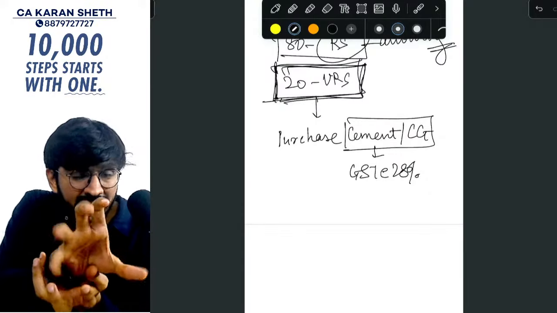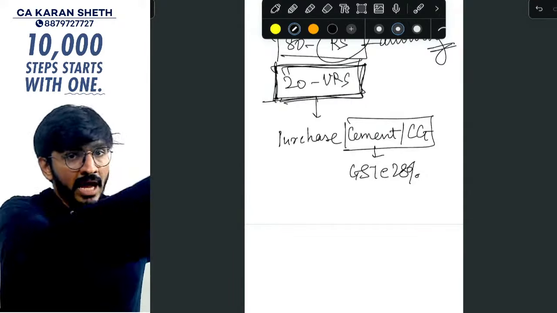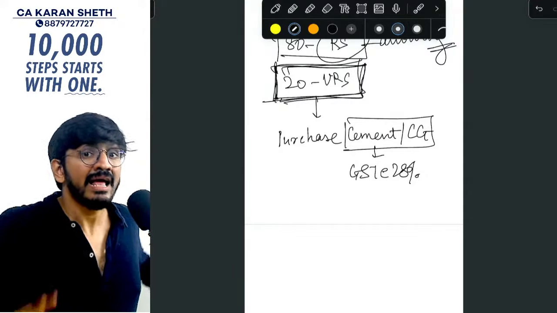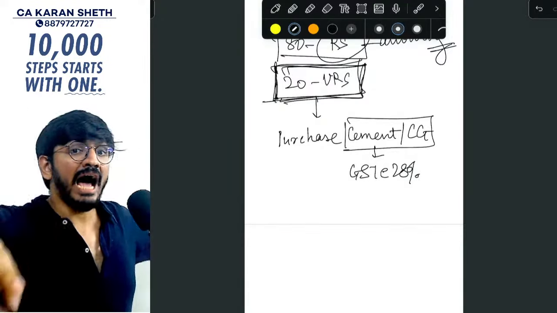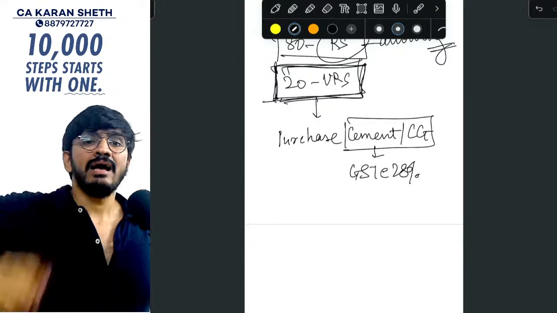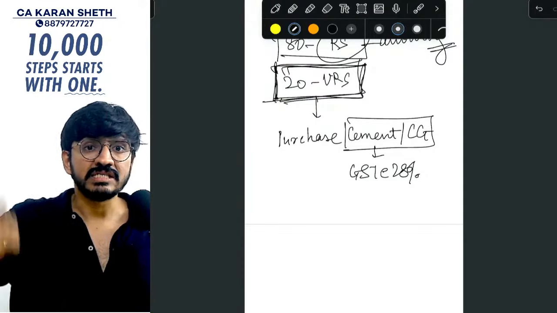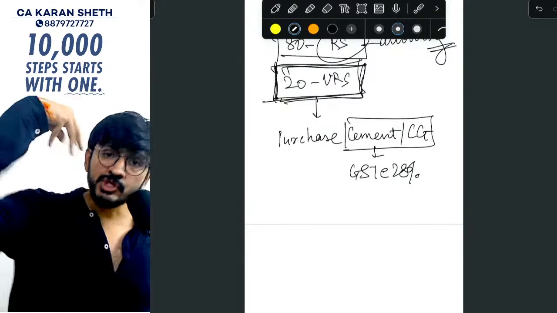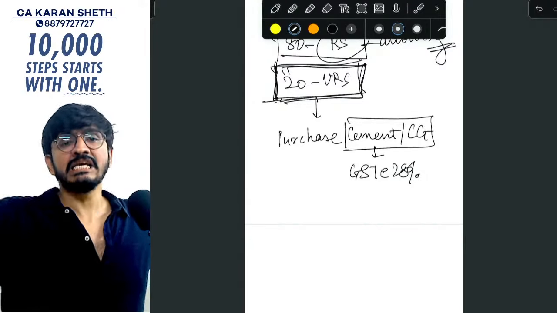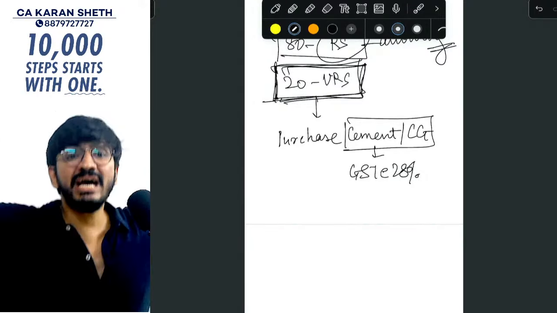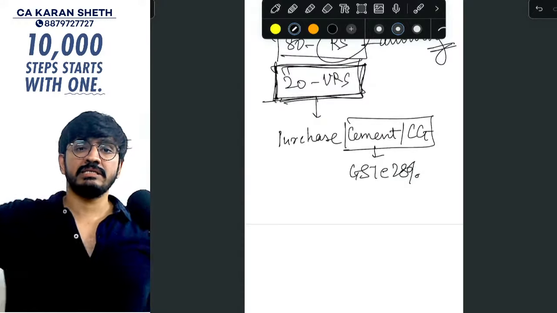So out of the 100 rupees I purchase, for the 20 rupees, let me make sure I purchase cement and capital goods from unregistered suppliers, which were majorly subject to 28%, 18%, huge rates. So big rate, big savings.